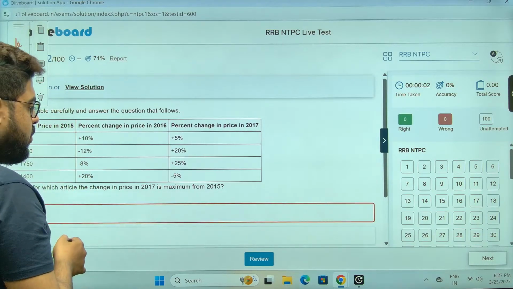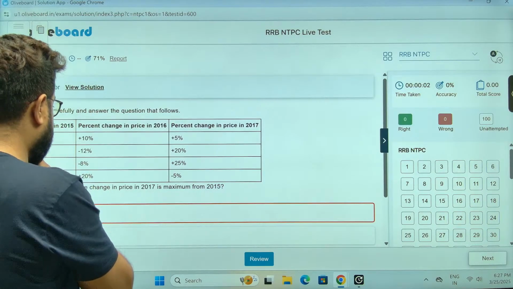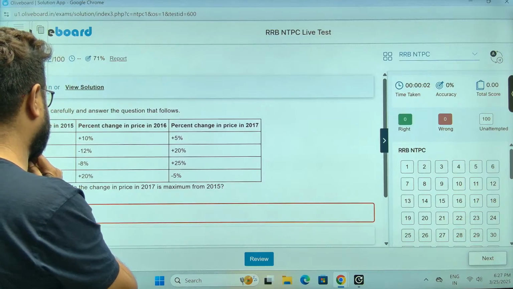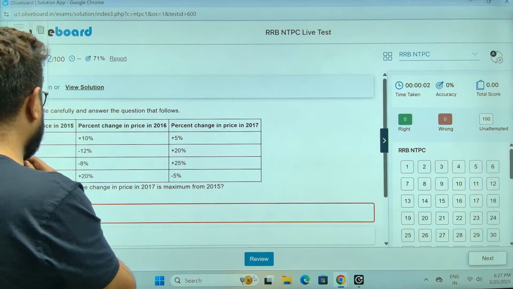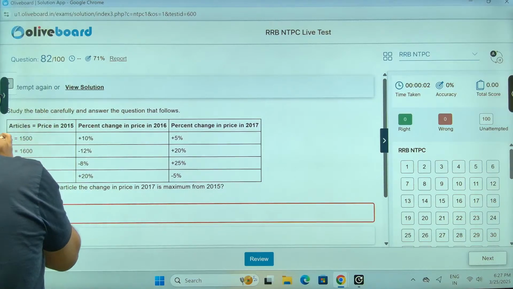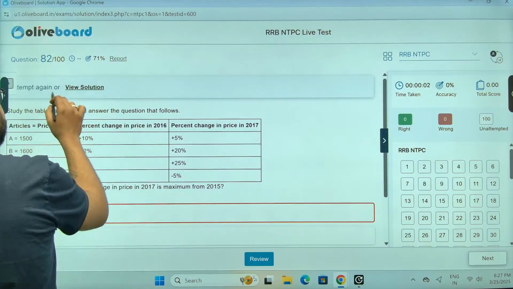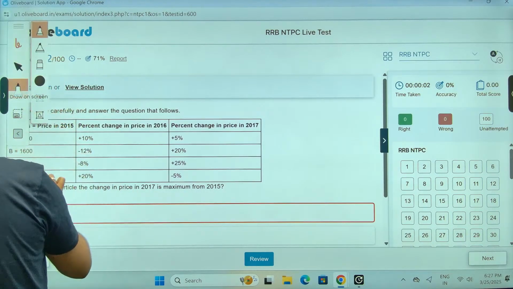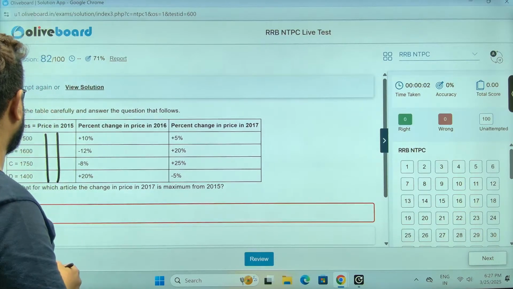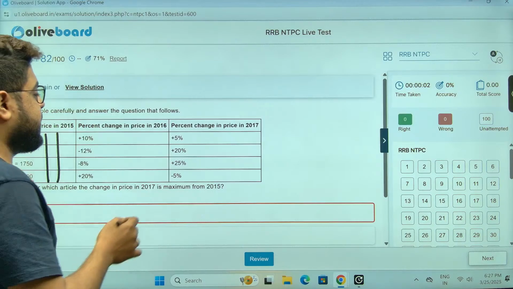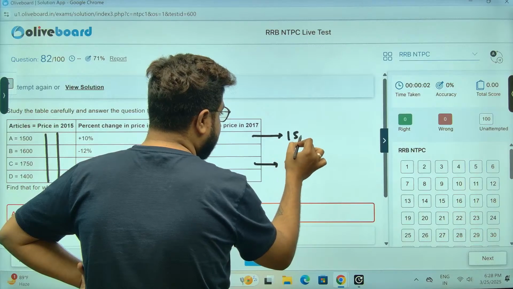Option A, oh, that went wrong. Wait, then we have to check. We must check, sir. Achha, change in price. Okay. I cannot simply go with percentage. Prices are also given here. Sorry, I have to calculate. The answer will be one of these two. This was 15% and this was 15.5%.